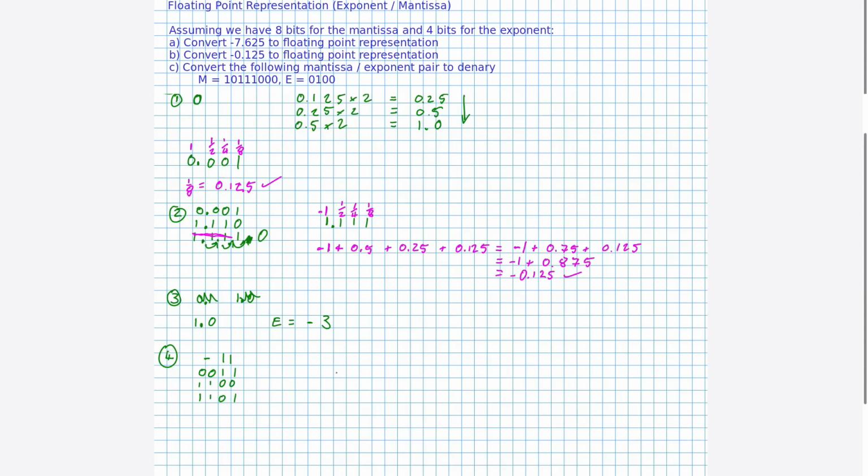And now let's check. -8 plus 4 plus 1 equals -8 plus 5 equals -3.